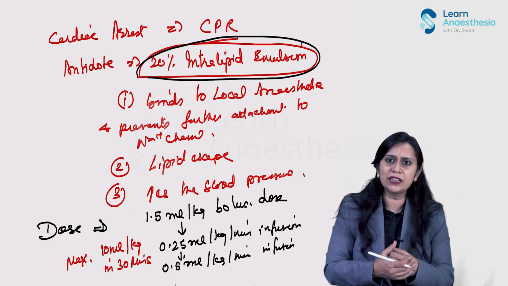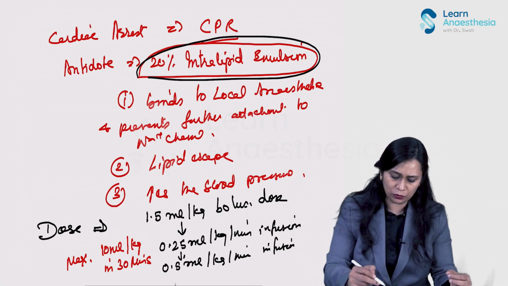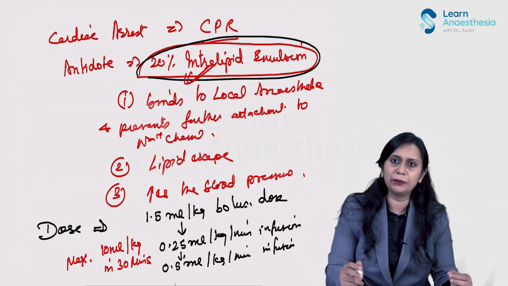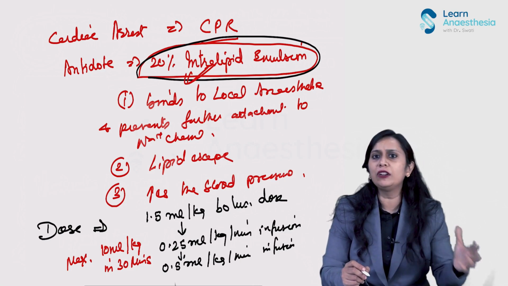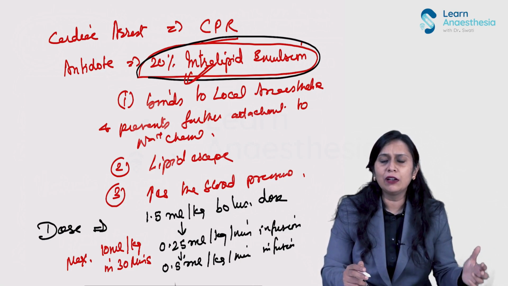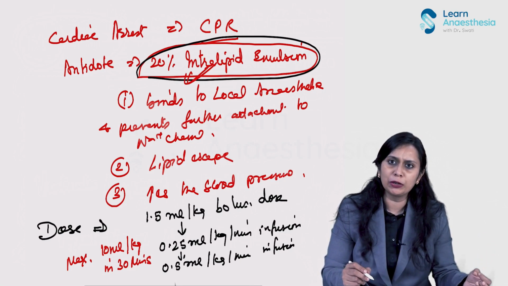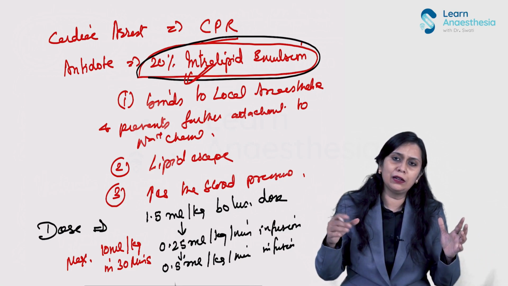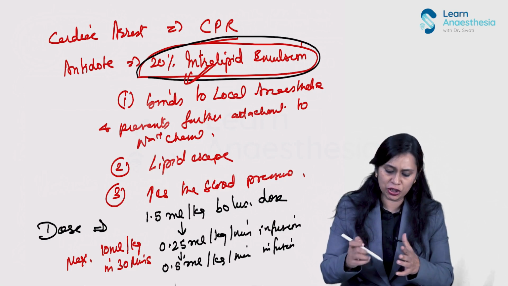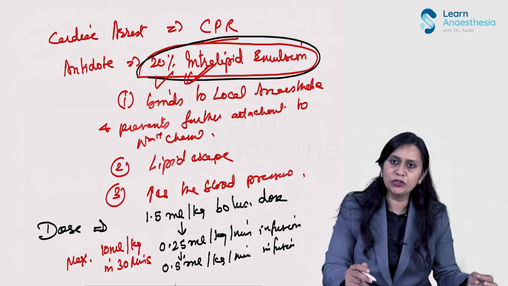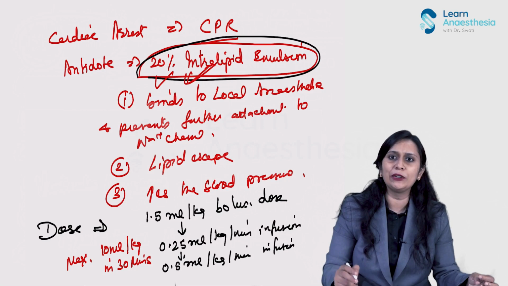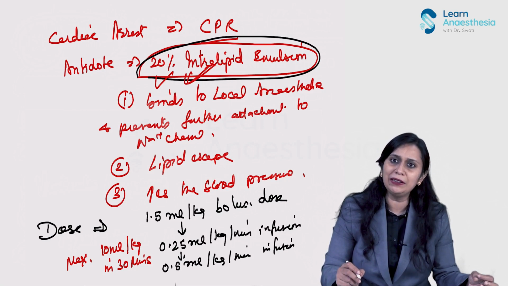And if cardiac arrest happens, CPR, and as soon as possible we start 20% intralipid emulsion. This should always be in the OTs where you are giving regional blocks. You should always have a crash cart there with 20% intralipid emulsion and all the drugs required to manage LAST, because LAST can be life-threatening.